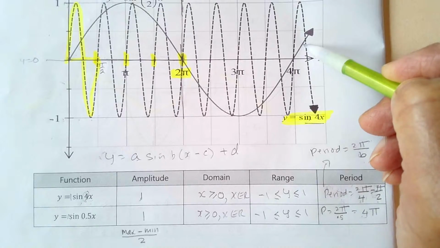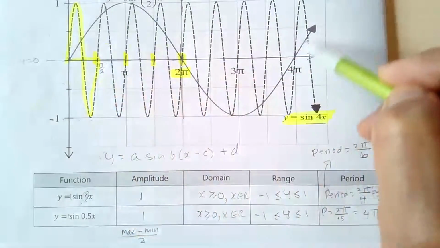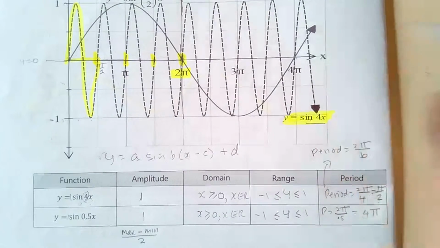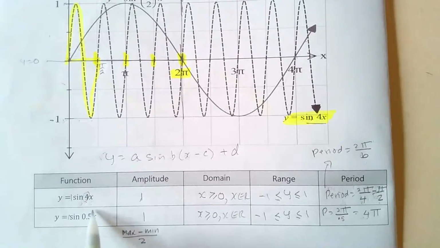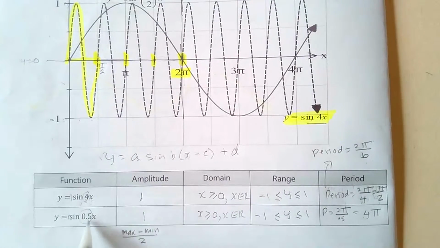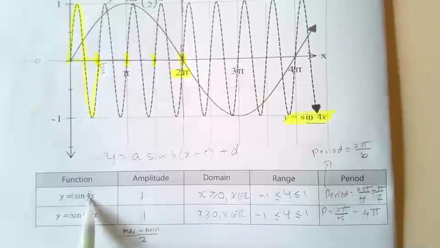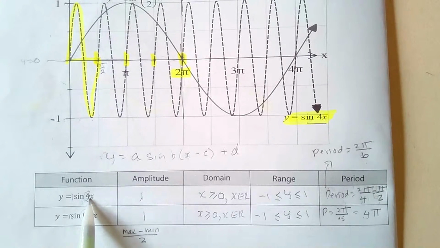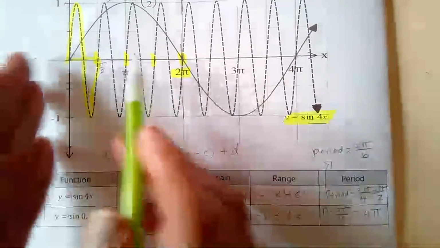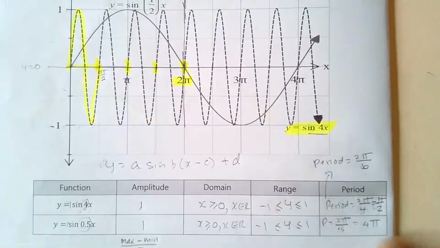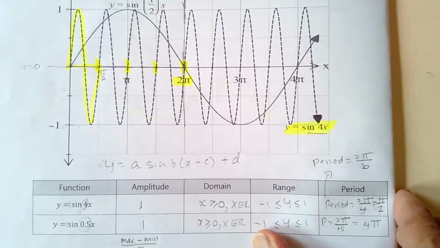So in other words, for one period, it will stretch to 4 pi. If b is between 0 and 1, we know there's a stretch, and here you have the stretch. If b is greater than 1, you have a compression. So it compresses. So that's finding b.